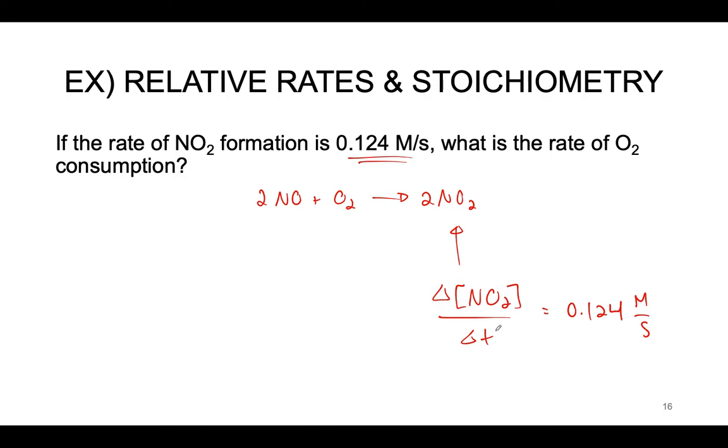Now we know that 1/2 of this rate, 1/2 in the change of our NO2 divided by change in time, is equal to the negative change of the concentration of our oxygen per unit of time.